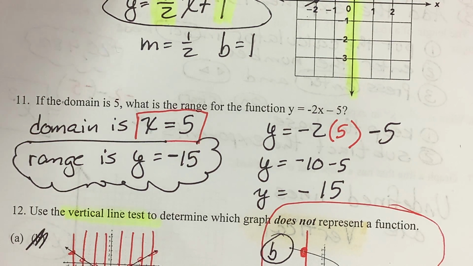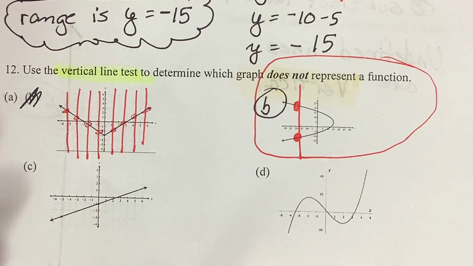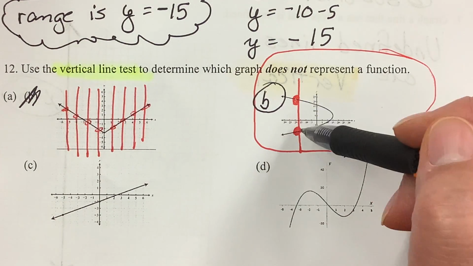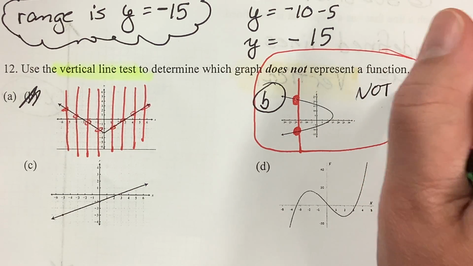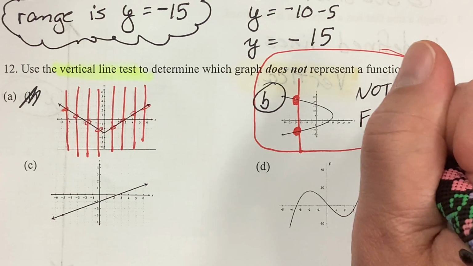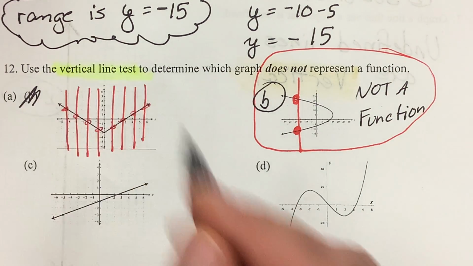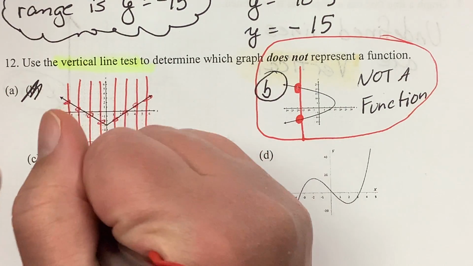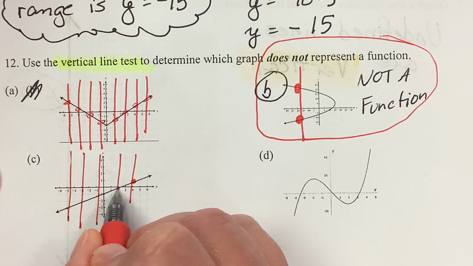The next one is the vertical line test. Now, if you can draw a vertical line and it touches twice, this is not a function. But all the others are. I could trace any vertical line here, and it's only ever going to touch the line once.